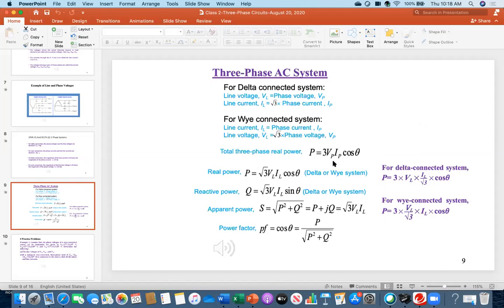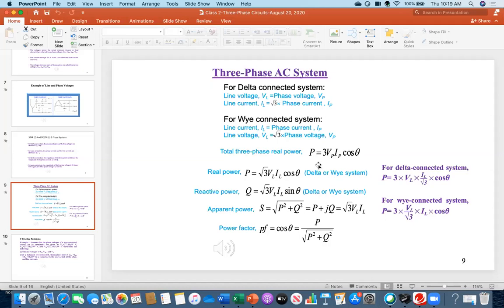Now, these quantities are in terms of the phase, but in real practice, for example, you went to the market and purchased a three-phase device, such as a three-phase induction motor for an industry.